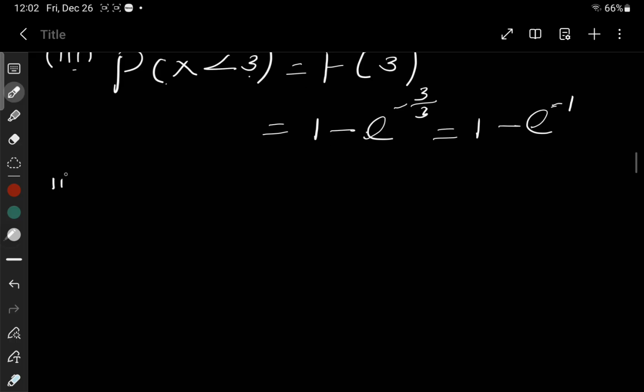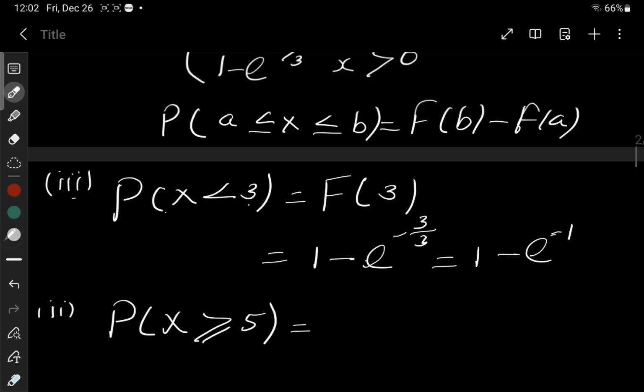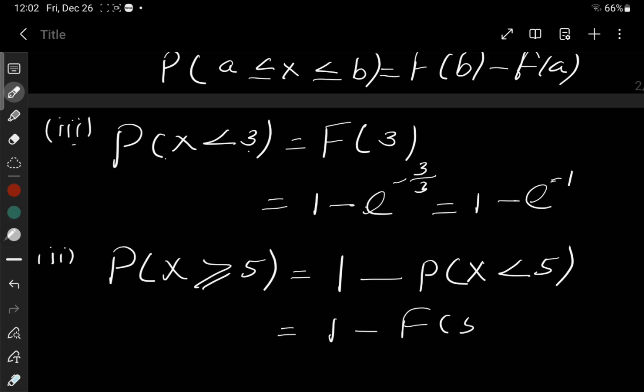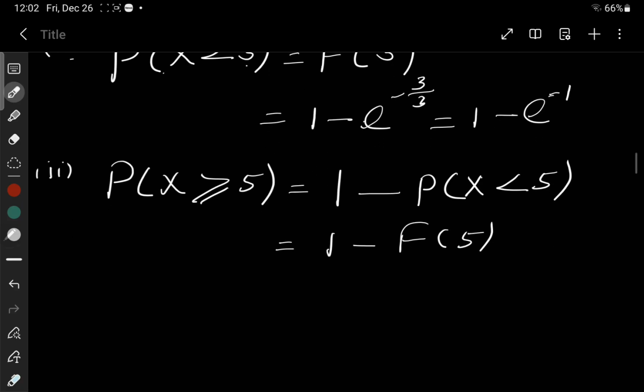Second question: P of x greater than or equal to 5. We defined the value only for less than, so I replace it with 1 minus P of x less than 5. This is equal to 1 minus F of 5 according to the definition.